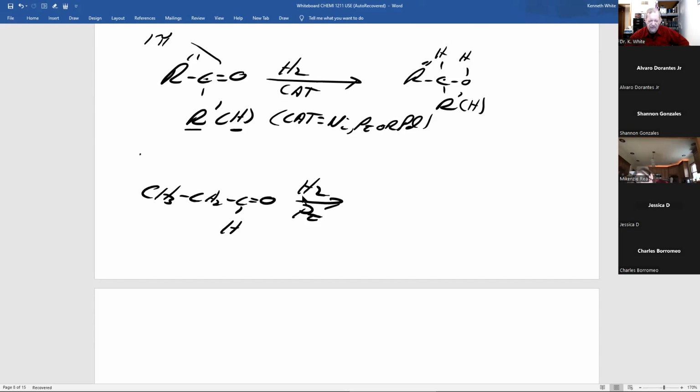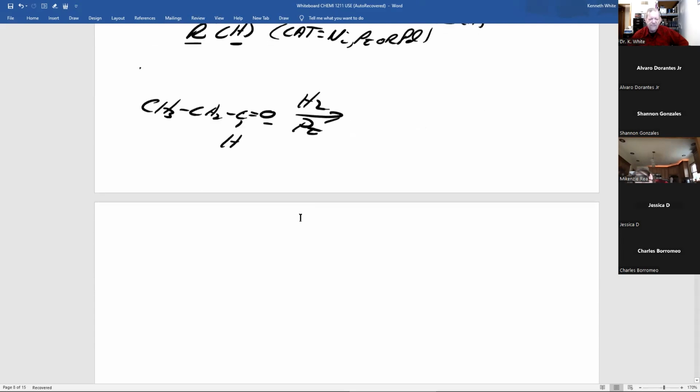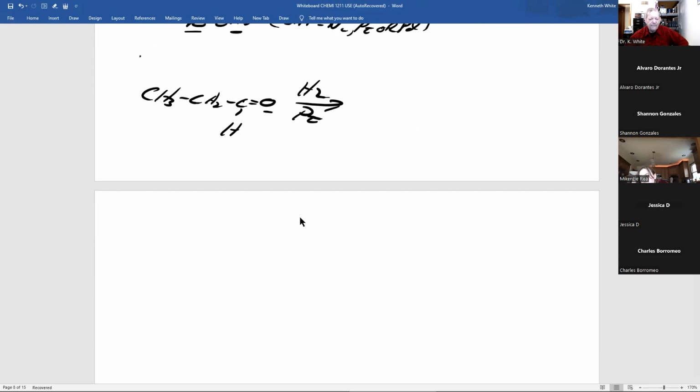What's different? What's not carbon? What's not hydrogen? Carbon double bond to oxygen, carbonyl. And we have an aldehyde. R prime is this. Well, and it could have been carbon's a ketone.